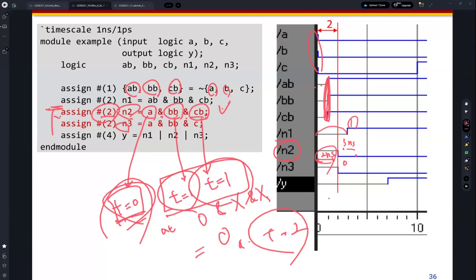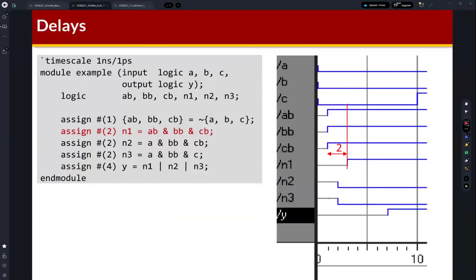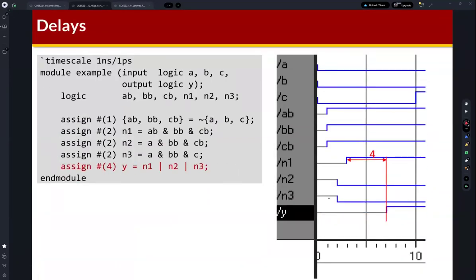Actually for n2 and n3, it is executed at t equals 0, and then it will also be executed at t equal 1. Then we can calculate like this, and finally y equals n1, n2, n3. n1 is changed at this point, and n2 is changed at this point, right? So actually it's at t equal 2, and then at t equal 3, right?